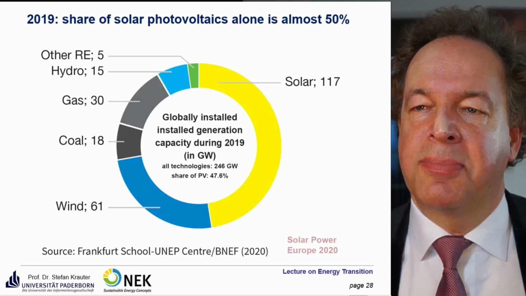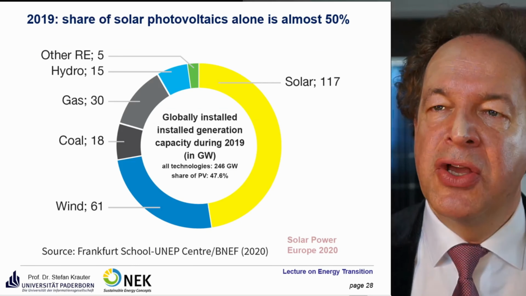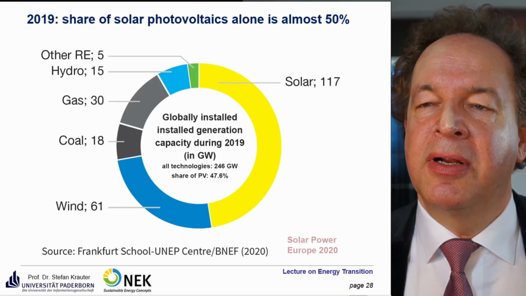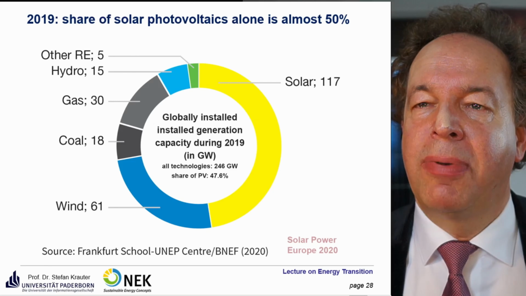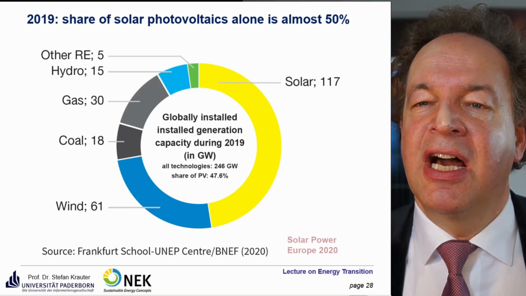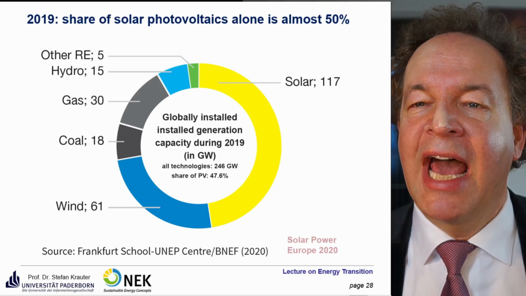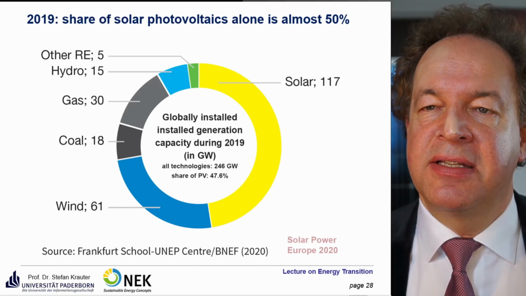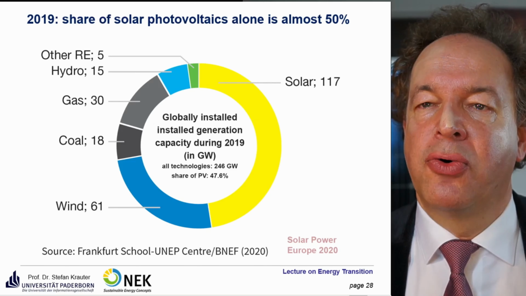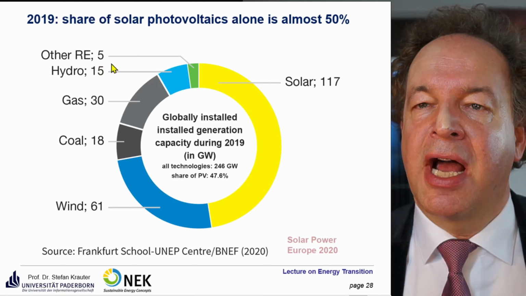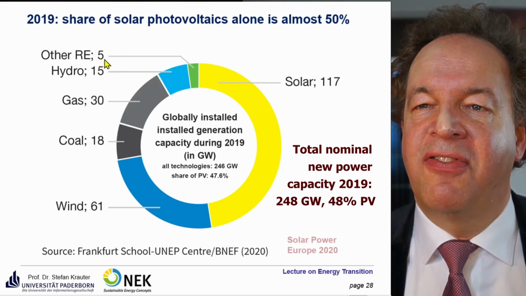This is an update of last year. Here you see that, from the nominal power, about 117 gigawatt of new power plants were set up as solar power plants, 61 gigawatt as wind power plants, only 18 gigawatts have been invested in coal power plants, gas power plants 30 gigawatt, hydro 15 gigawatt, other kinds of renewables like biomass power plants 5 gigawatt.